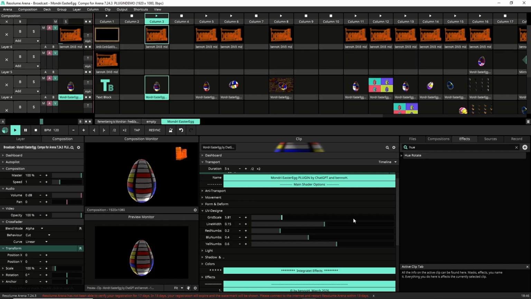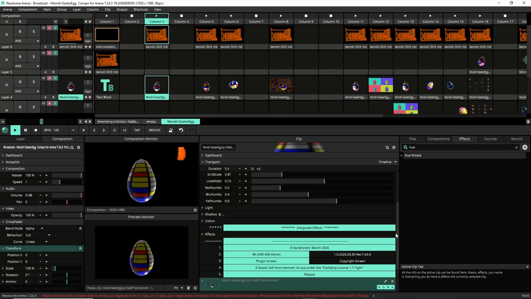And this is the UV design, like the texture of the simulated 3D object. This egg, of course, is not a real 3D. This is an SDF shader with the SDF formula. An SDF formula simulates a 3D object, and it simulates very well, I think.